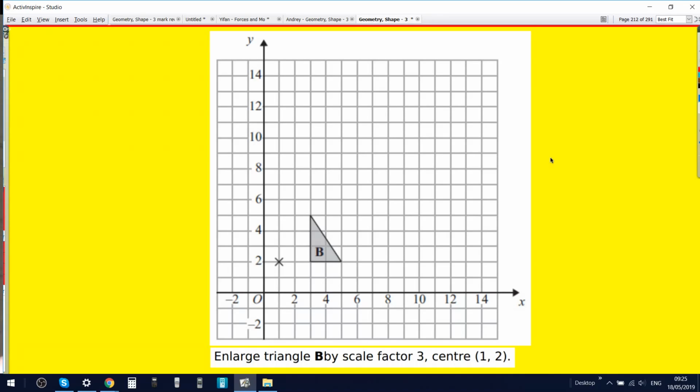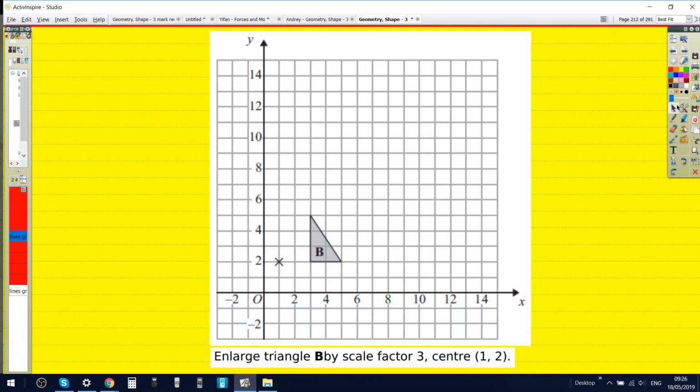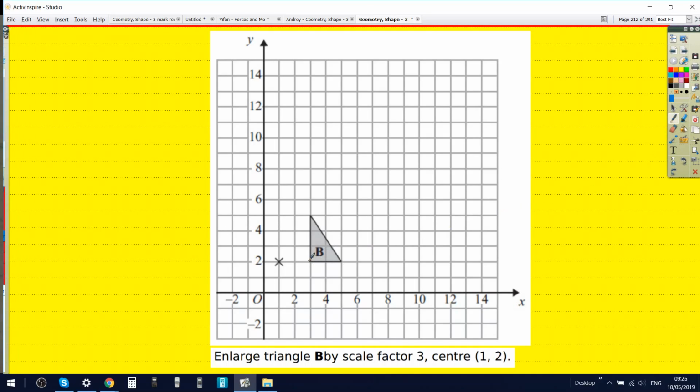Center 1, 2. So do I need to find how far the center 1, 2 is from like B? Yep. So for the bottom left point, it's 2 across. Mm-hmm. So does that mean the scale factor is like 2, 0, or scale factor? Right.